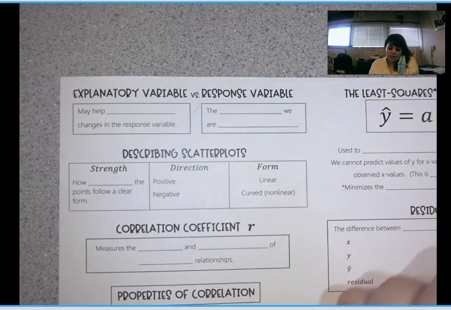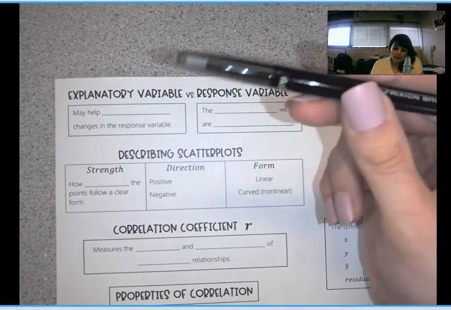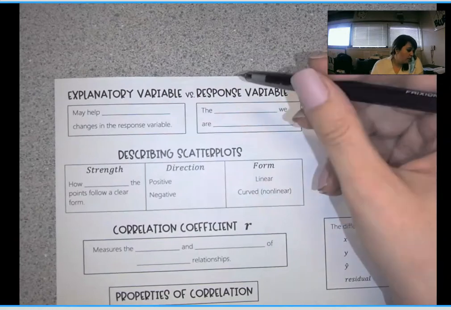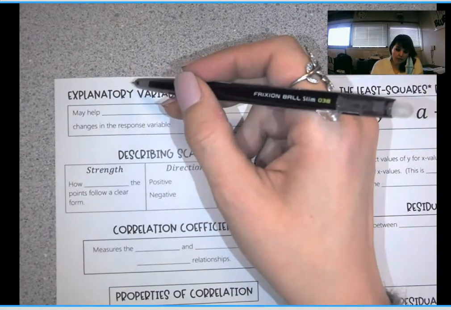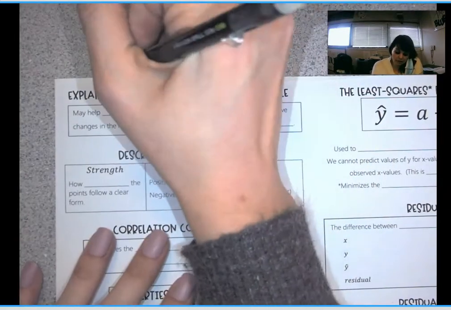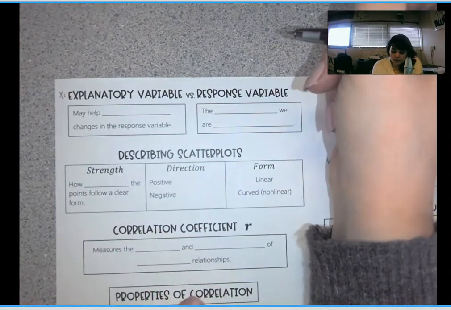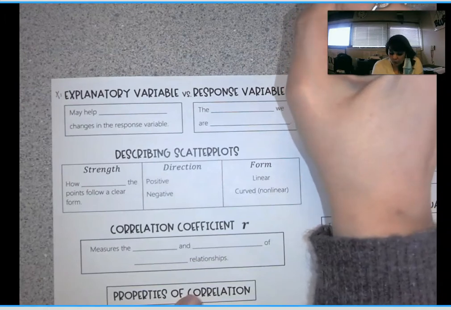So the first thing that we talked about was the difference between an explanatory variable and a response variable. The explanatory variable is going to be your X variable, and the response variable is your Y variable.